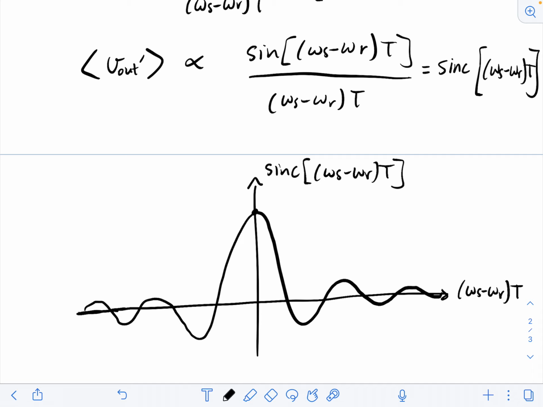Okay, so already we can get some insight from this plot, right? We're trying to figure out how well the lock-in detector discriminates between frequencies not equal to omega r. What we can see is that this average signal is the largest when, of course, omega s and omega r are exactly equal. As we go away from that condition, either above or below, the size of the output from the lock-in detector decreases.